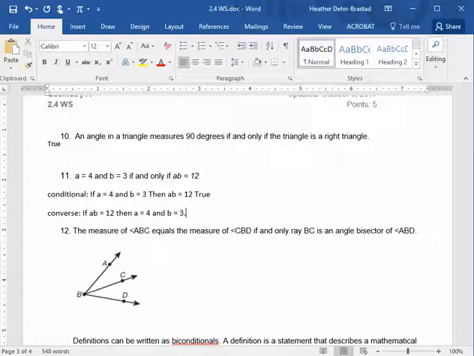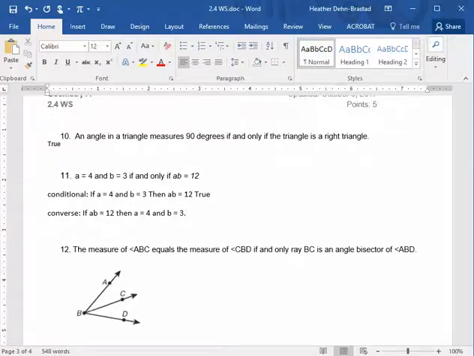Well, if A times B equals 12, couldn't I have 1 times 12 for A and B? Or I could have 2 times 6.